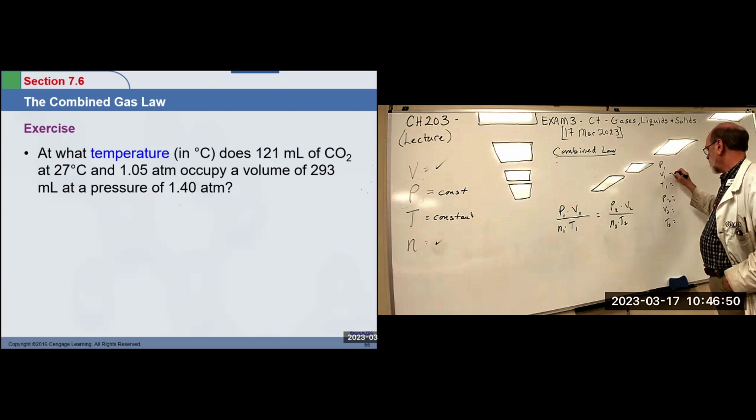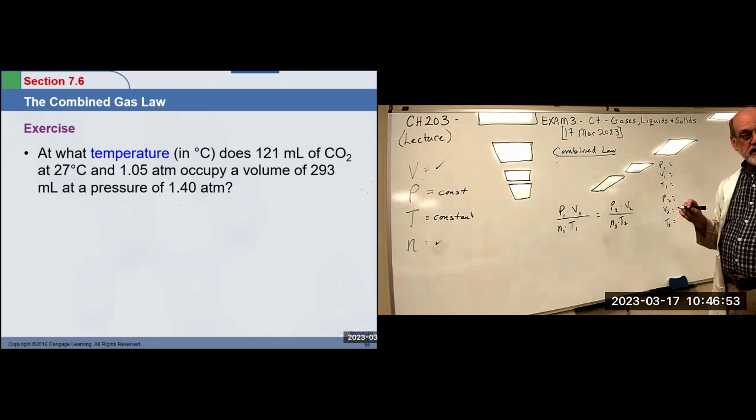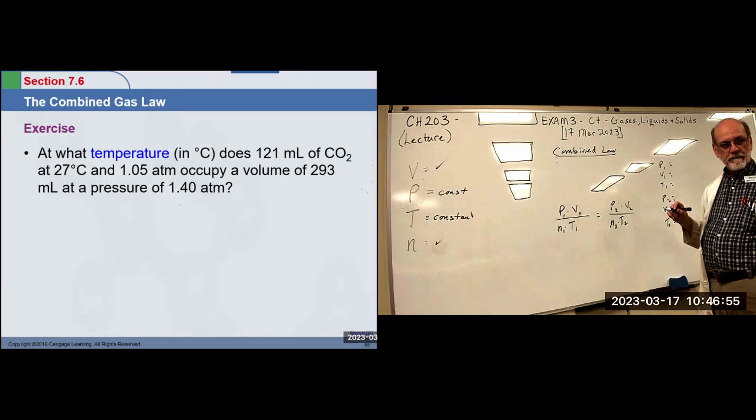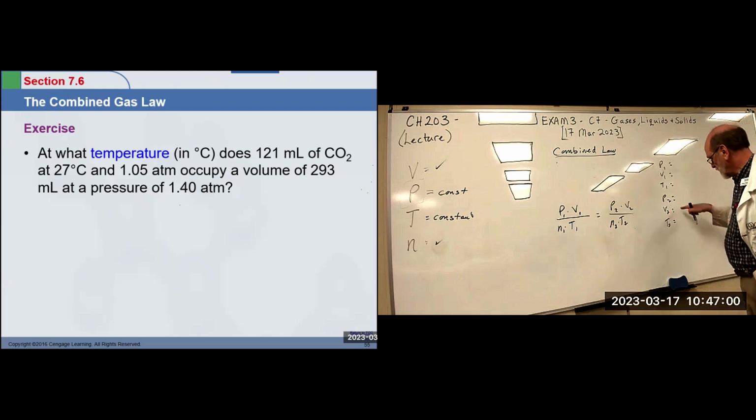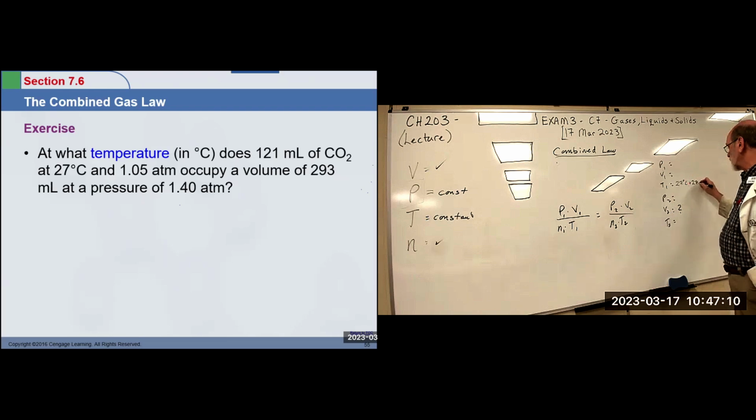All right, it's asking us at what temperature. So this one is going to be unknown. The second temperature is unknown. First temperature is 27 degrees Celsius. So we have to add 273 to it. The first pressure is 1.05 atmospheres. And the first volume is 121 milliliters. Okay.